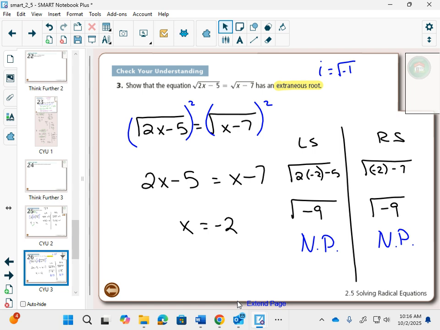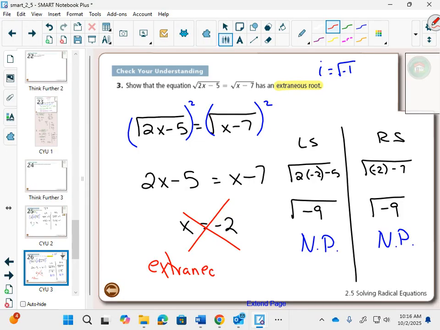So you would have to take this x equals negative 2, put an x through it. You can even write underneath extraneous root. So we will sometimes get extraneous roots because we get a square root of a negative number. That's never possible with real numbers. And so we have to say not possible, extraneous root.